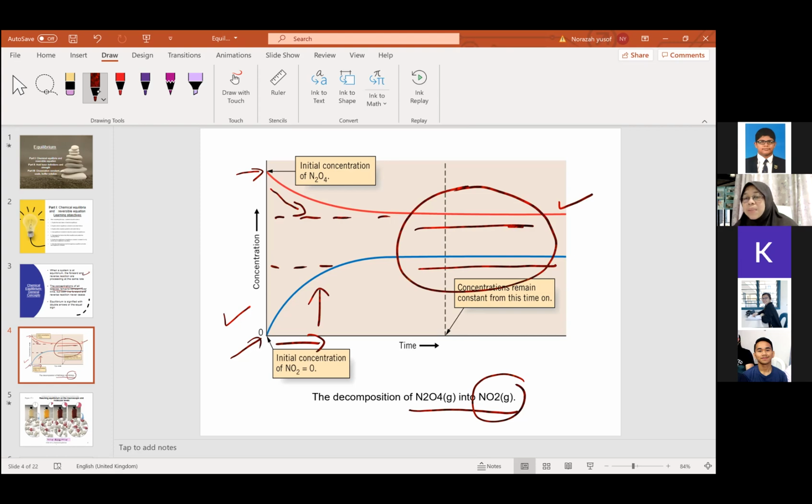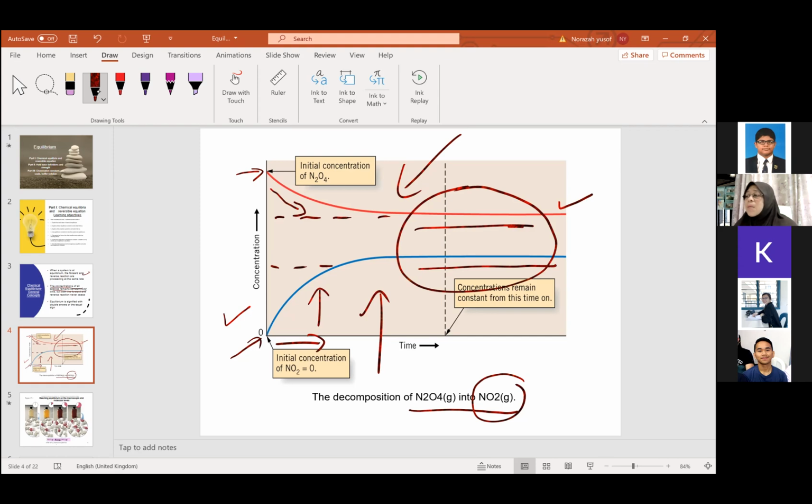We will discuss it later. Any external factor, whether you add more substance, or apply pressure or temperature, the system will rearrange itself so that it goes back to the original equilibrium that it had achieved.